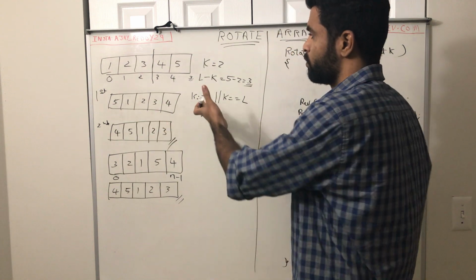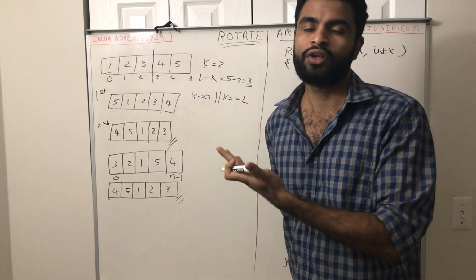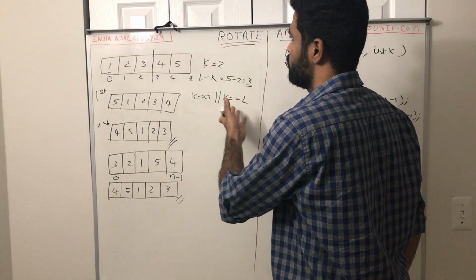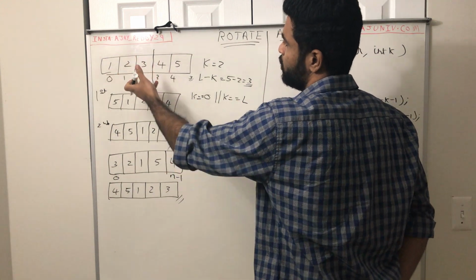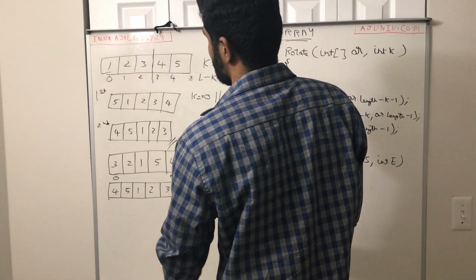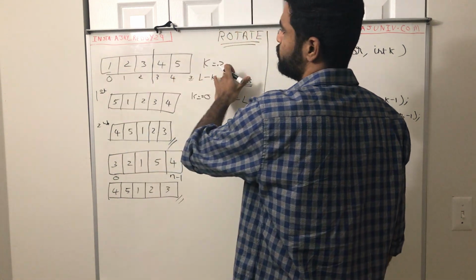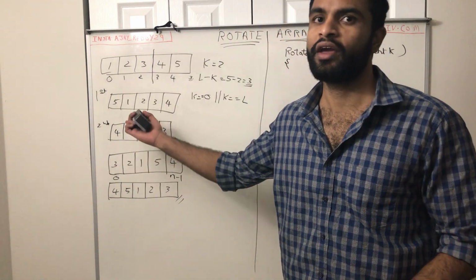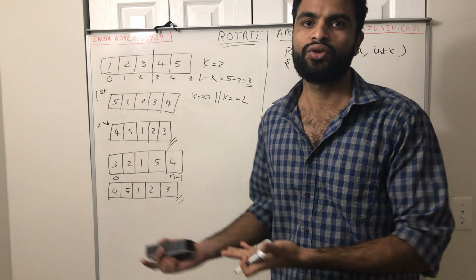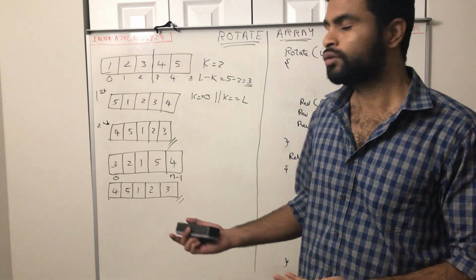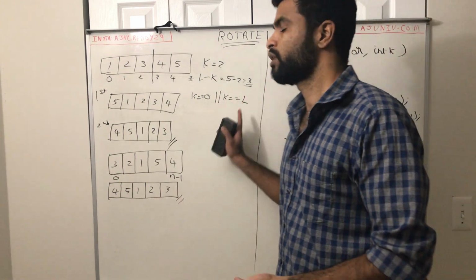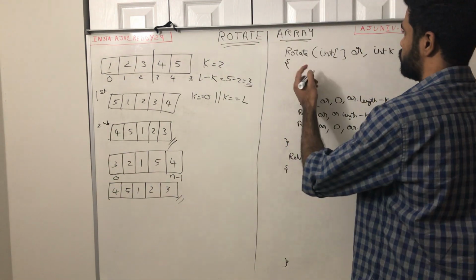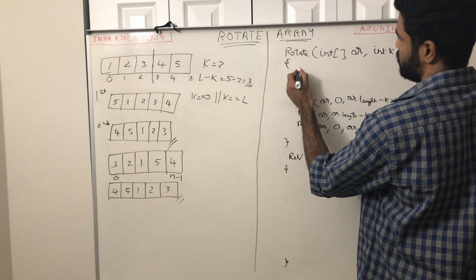Because if k equal to 0, that means you do not have to do any rotations. If k equal to the length of the array, for suppose the length of the array is 5 here, and k is 5, then after performing 5 rotations, you will get the same array again. So in that scenario, there is no need to perform any rotations. When k equal to 0 and when k equal to the length of the array, no need to do anything, just return. So I'll write that code here.